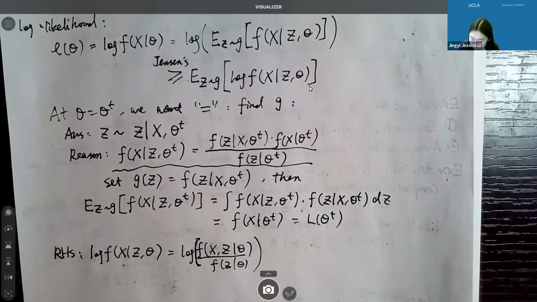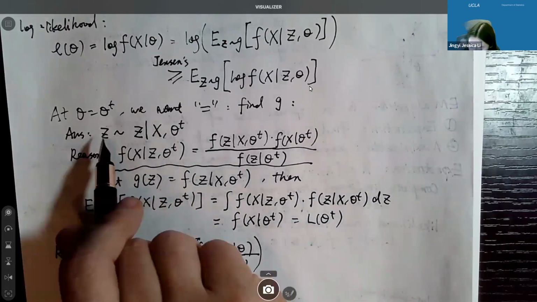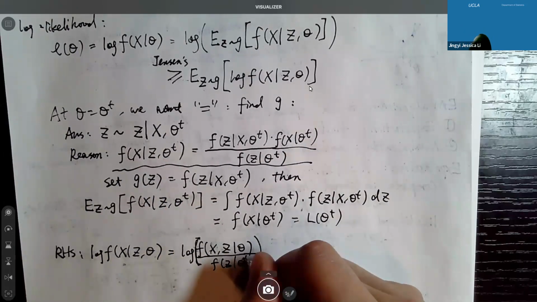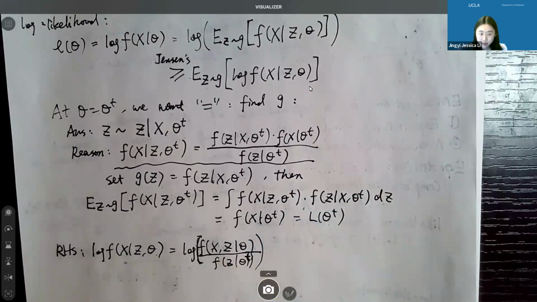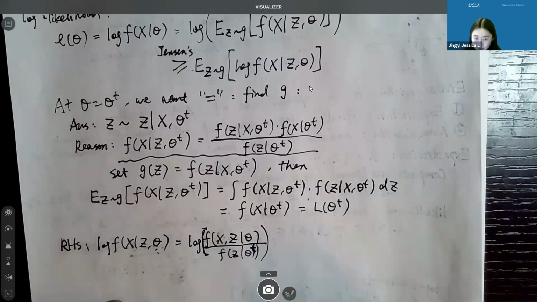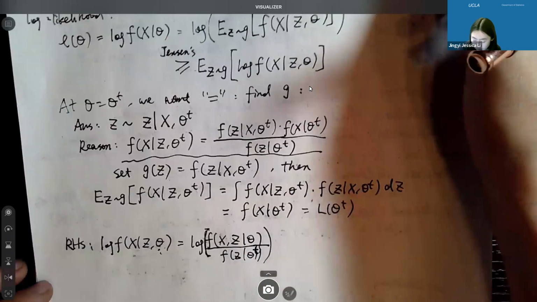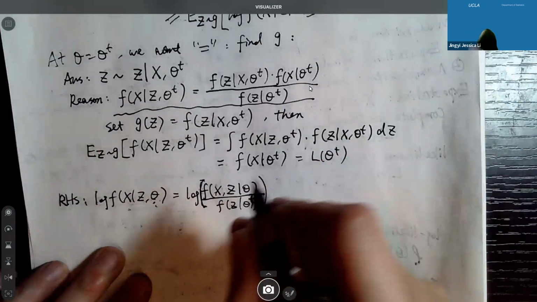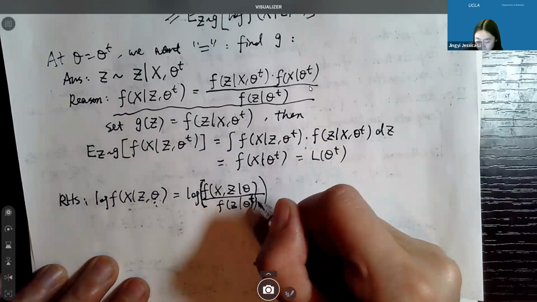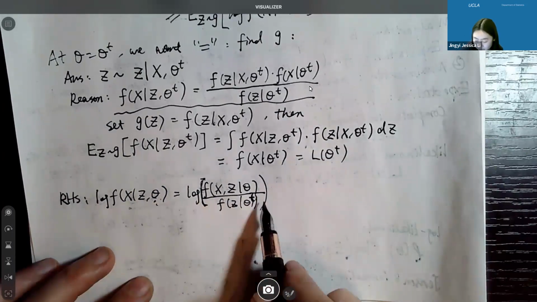And the thing is that if we have already set the distribution of z, which is g, to be z following theta_t, then maximizing the right-hand side in terms of theta is simply equal to maximizing the complete log likelihood of theta. Because this distribution of z is given on theta_t, theta is not involved.